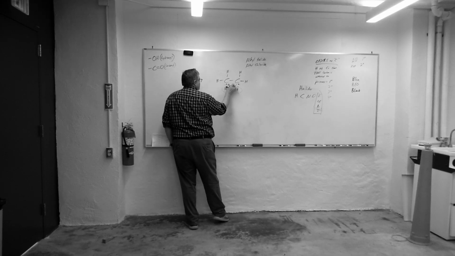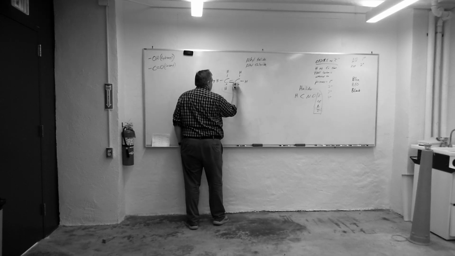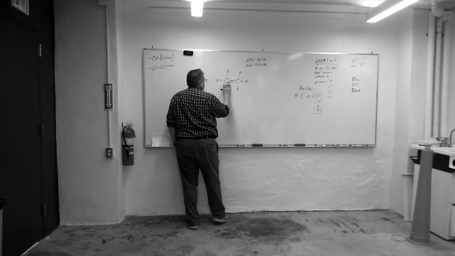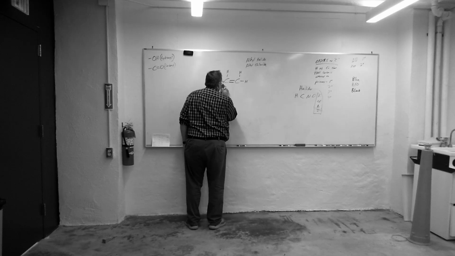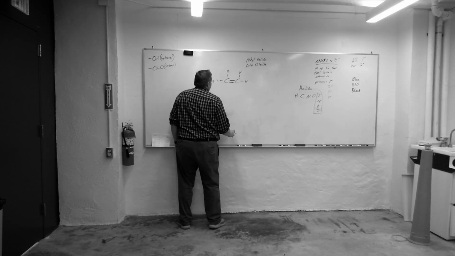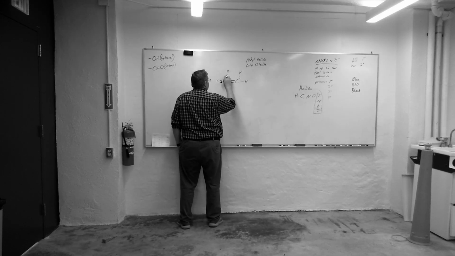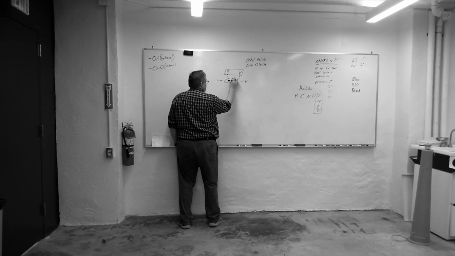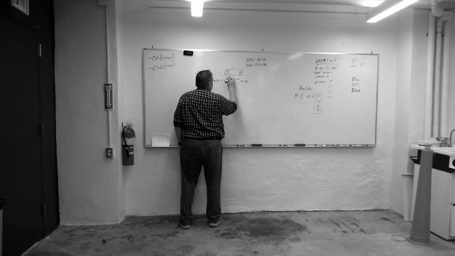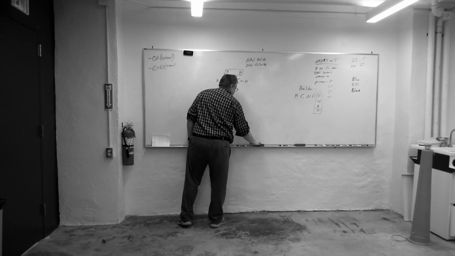And these two electrons can come around here and form a bond. So there's a double bond. And then these two hydrogens can go away, and then these two electrons can come in here and form a triple bond.